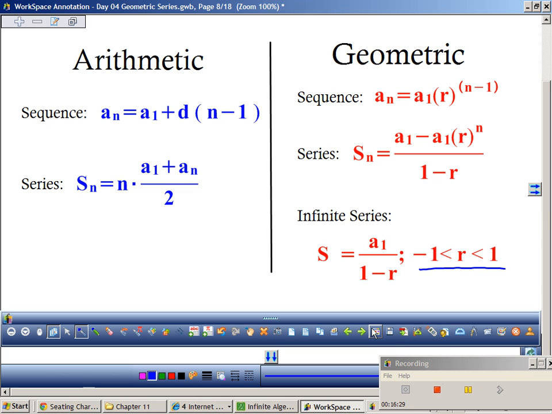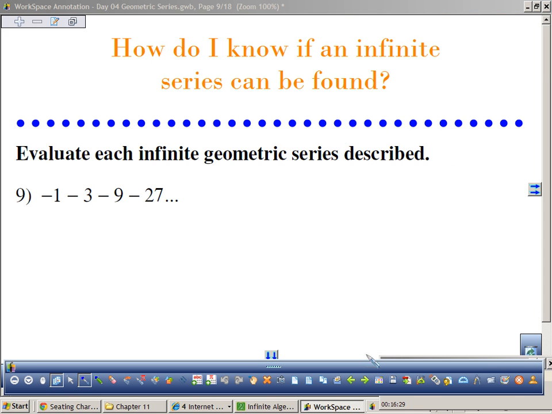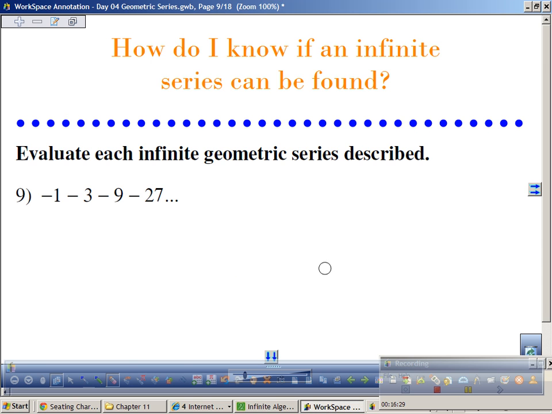All right, so I'm going to start with an example that can't be summed. So look at number 9 here. I want to give you a geometric representation of this. So my first term is at negative 1, correct?